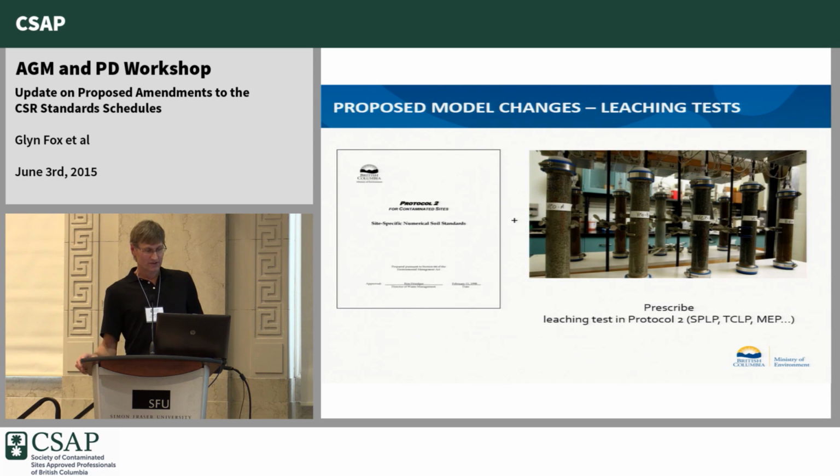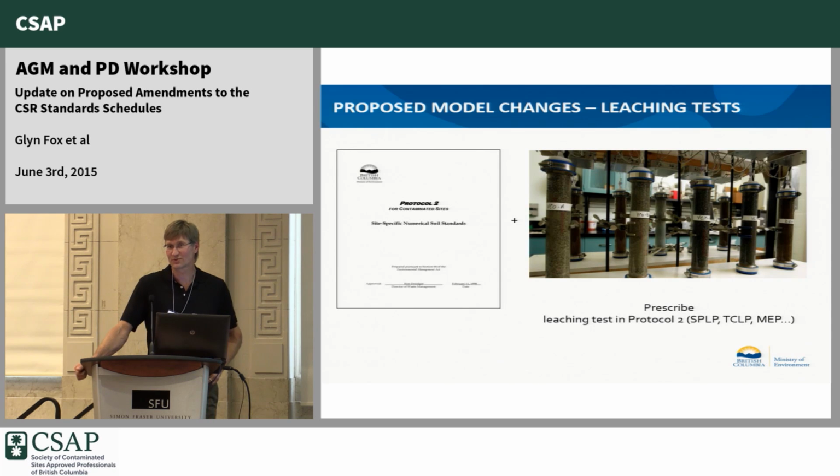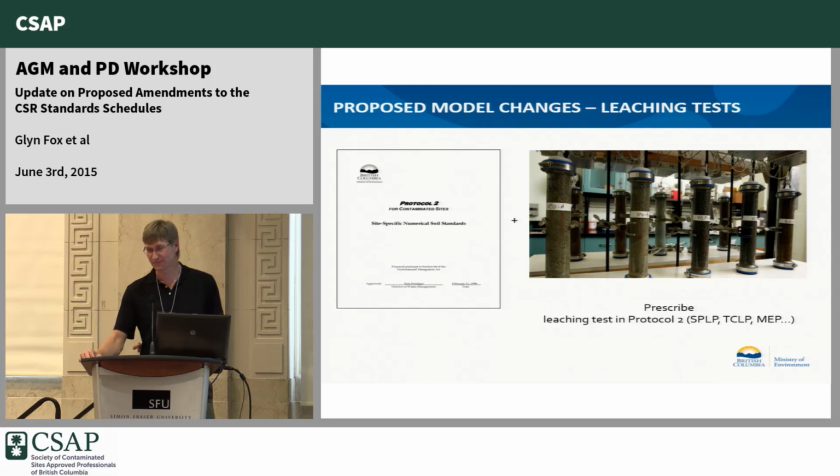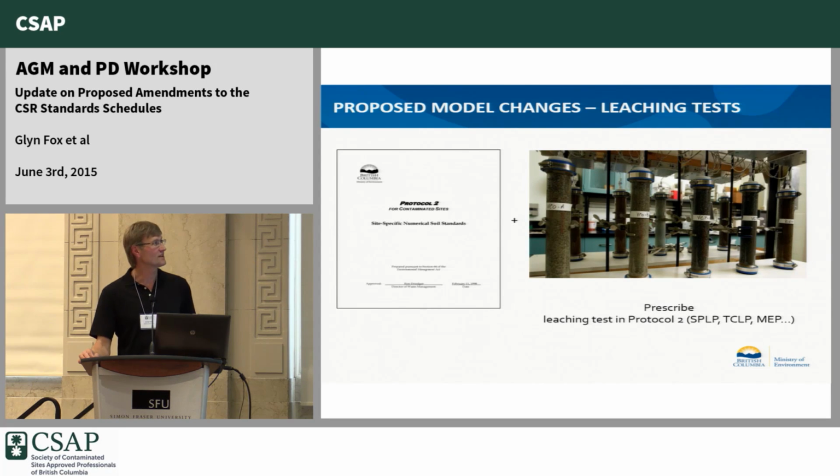Okay, another change we want to make is for inorganics. It's difficult to model inorganics. Besides fractured bedrock, they're probably the most complicated to model for fate and transport. So what else can we do? In P2, site-specific soil standards has a leachate method.